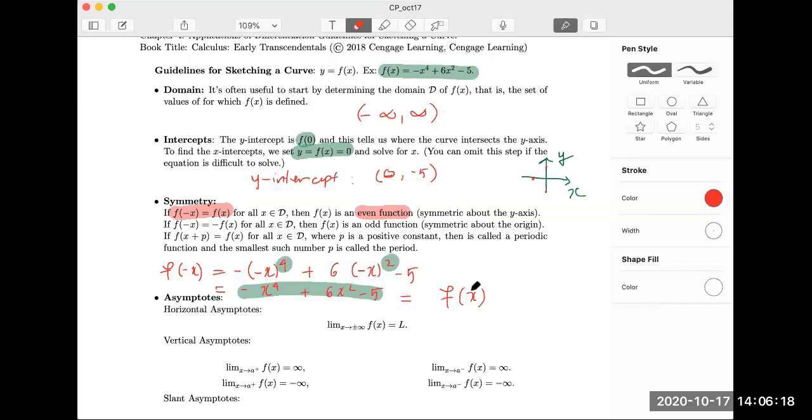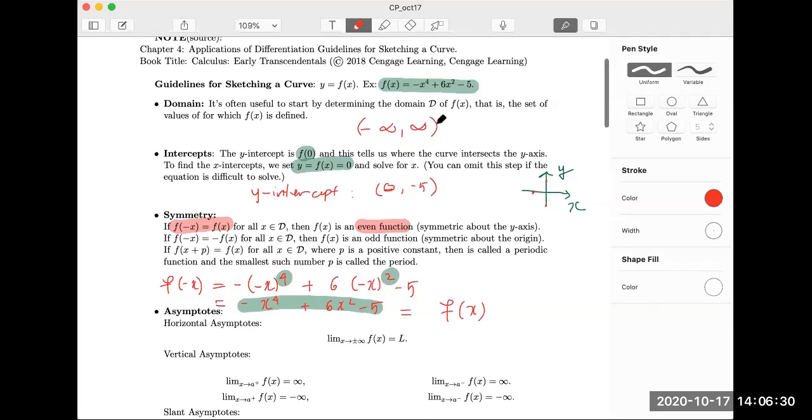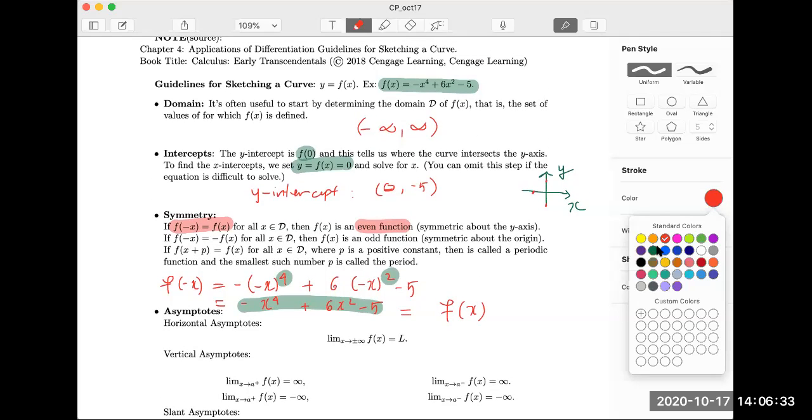Wouldn't x to the 4th be positive? Because if you distribute the negative to the negative x, doesn't that make it positive? No, because here. Now, let us write it here. Look at this.